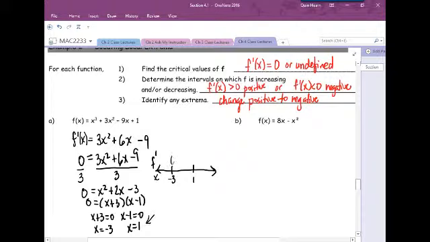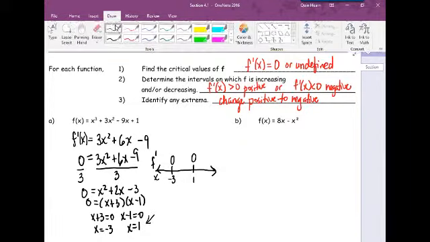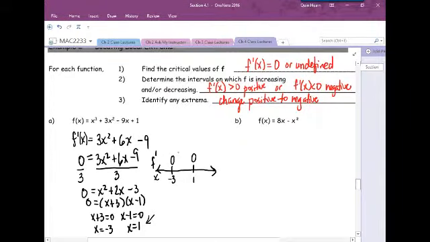Make sure to put them on your sign chart in the right numerical order. And then we're going to check points in between. We know that the first derivative is 0 if we plug -3 into it or 1 into it. And we want to figure out where we might have positives and negatives on the intervals in between.